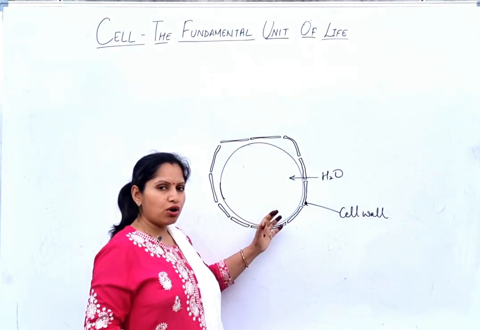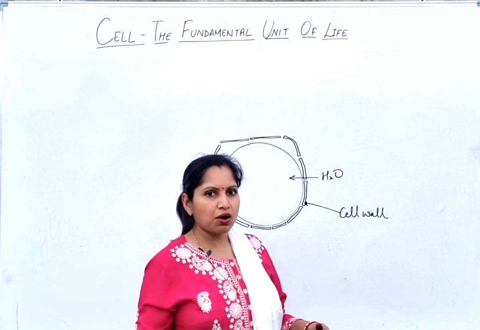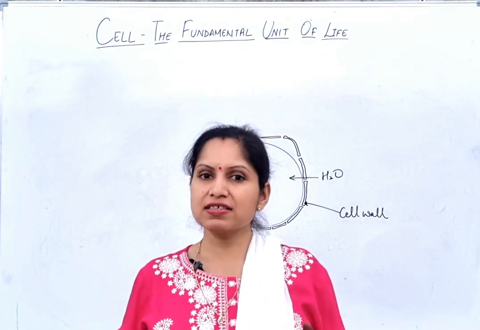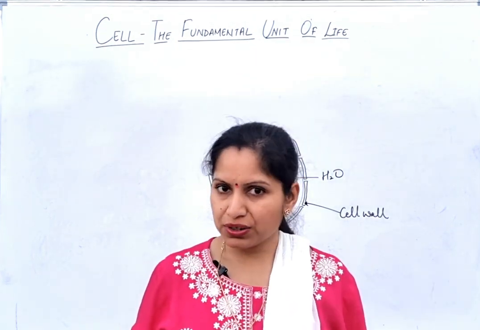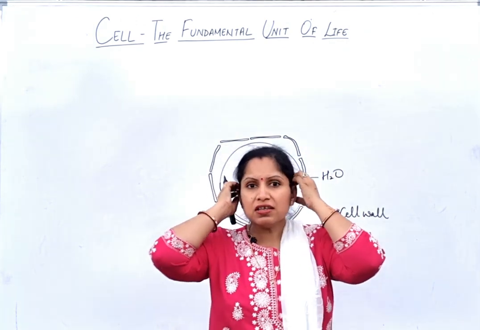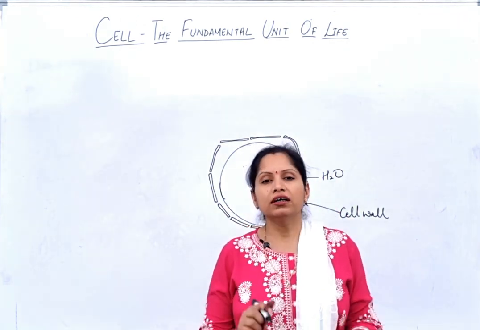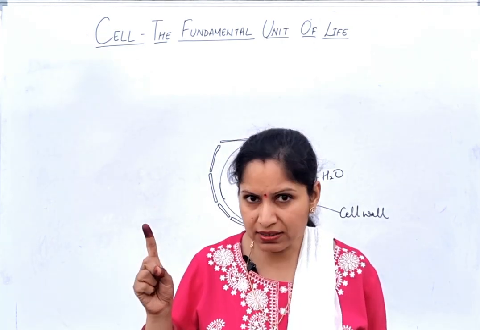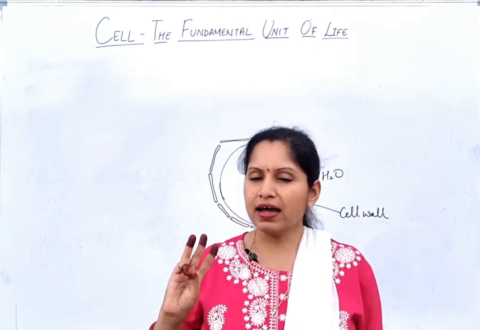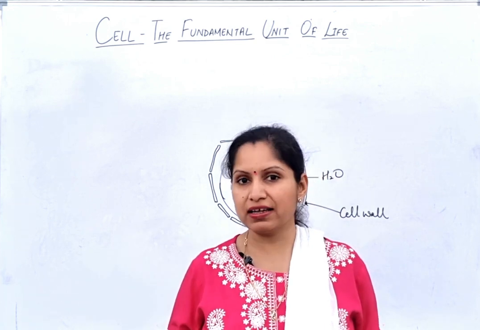Even after the entry of water, the cell wall is there around it, and so it will protect the cell from bursting. Okay, so that is about the cell wall. It's an additional covering that is present in plants, fungi, and some bacteria.